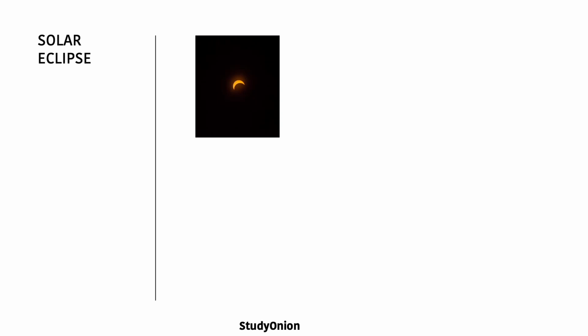Let's talk solar eclipses. So, the first picture that you can see here is a partial solar eclipse, when only a portion of the moon covers the sun's disk.